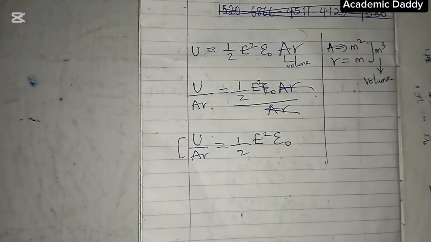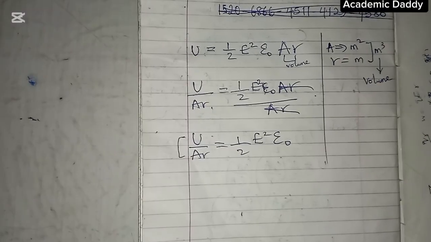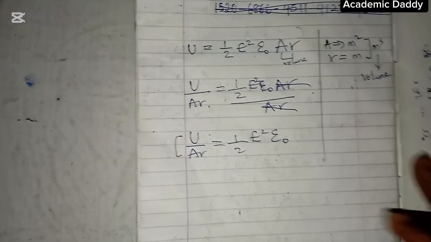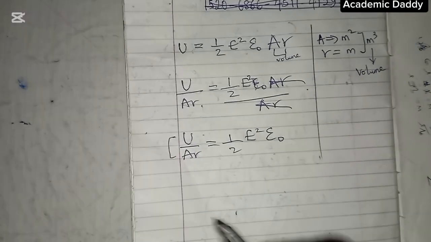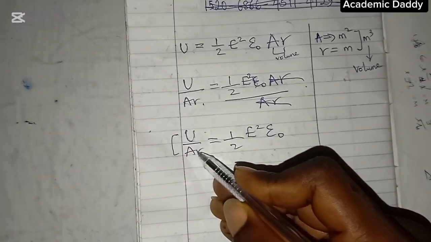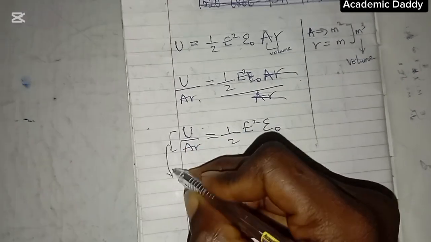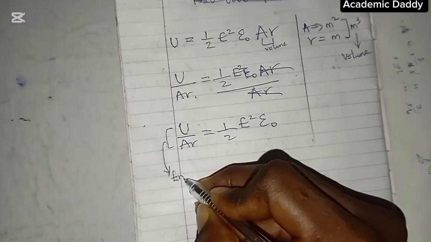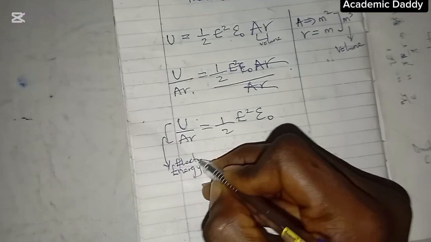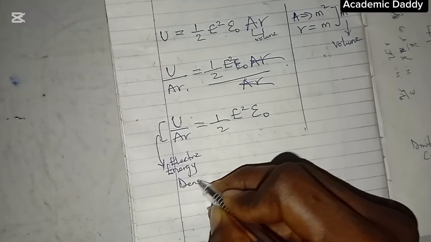Just like when we do surface tension, that is the same thing as saying force per length, or linear force. So if you know that, you can now say that everything you have here is energy, or work, and this is volume. So we say that this is electric energy density.